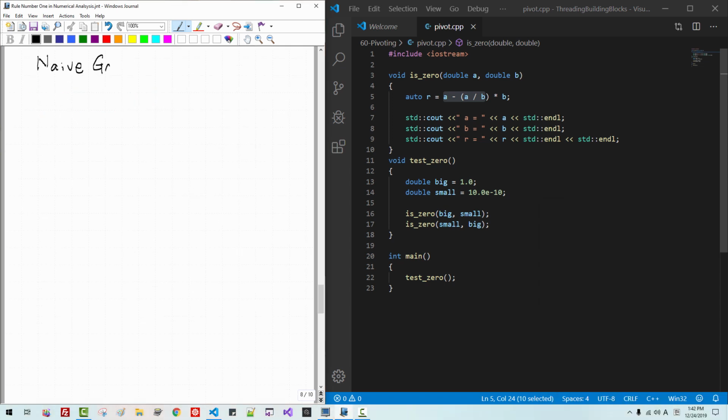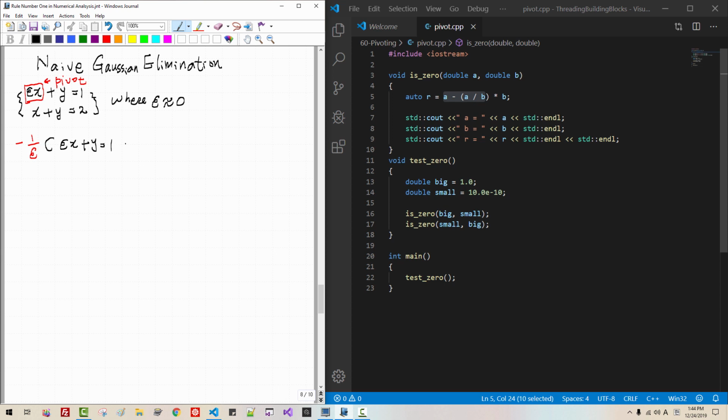Naive Gaussian elimination. Epsilon x plus y equals 1, x plus y equals 2. This is a system of linear equations where epsilon is close to 0. Selecting this element as pivot, we apply the Gaussian Elimination Algorithm like this. Multiply by minus 1 over epsilon: (epsilon x plus y equals 1), x plus y equals 2.